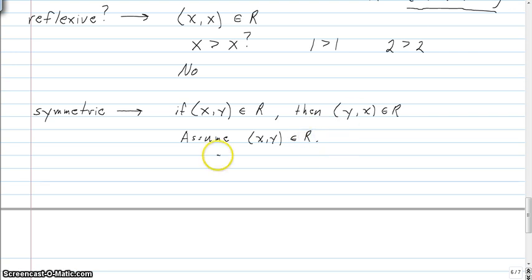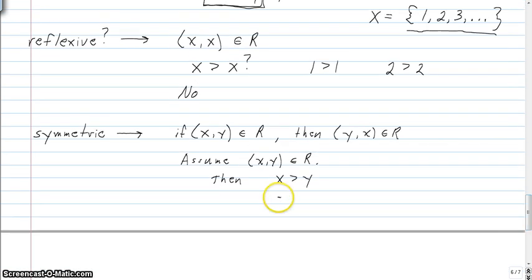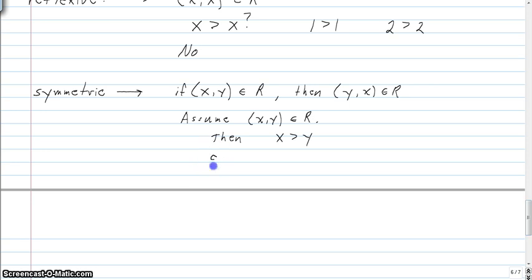then what that means is that x is greater than y. But if x is greater than y, and we're talking about the positive integers, then it's not possible for y to be greater than x, because we just said we're assuming that xy is in the relation, which means x has to be greater than y.